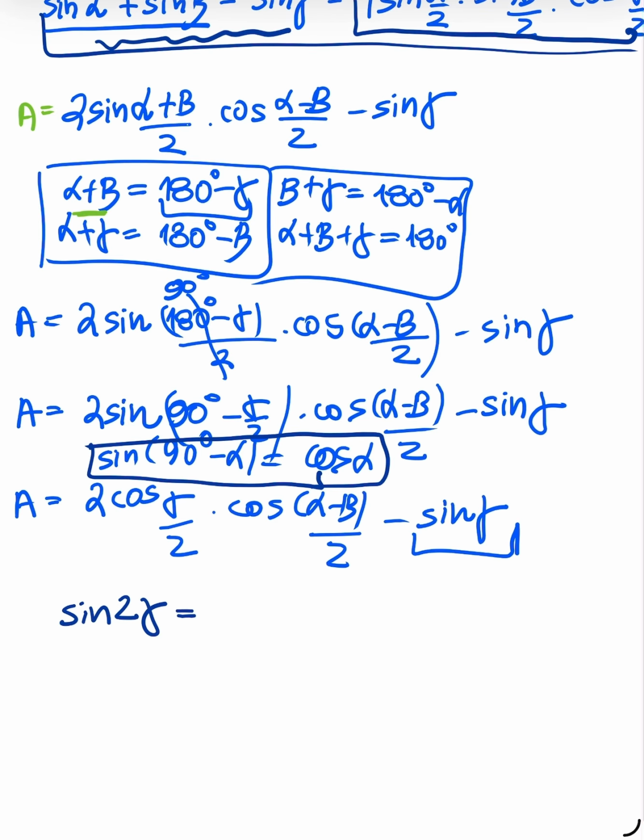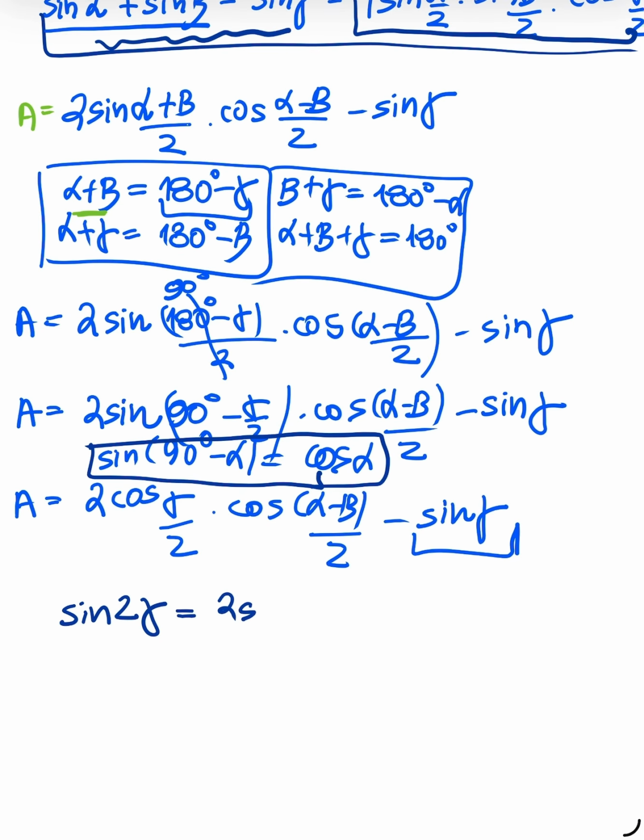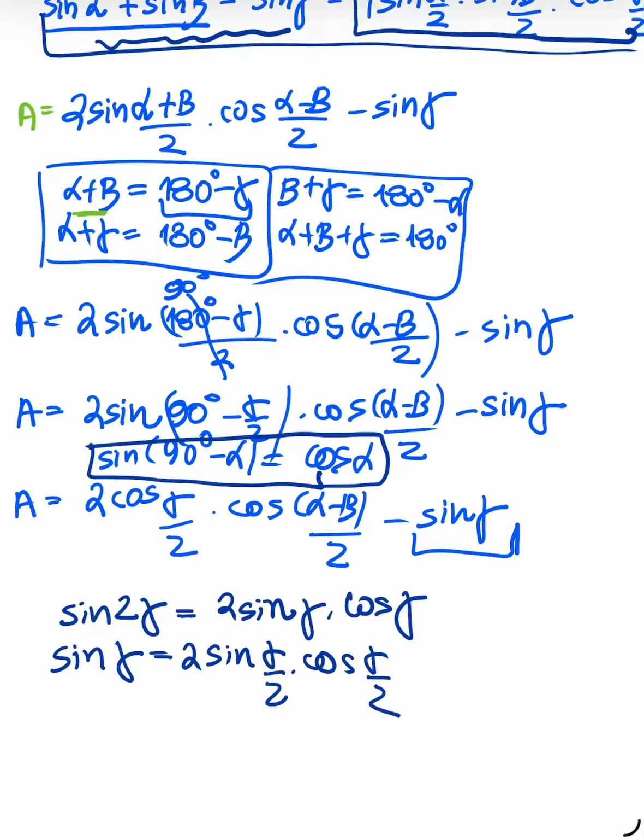Yes, it's 2 sine gamma times cosine gamma. This is the formula. So when we have sine only of gamma, we'll have 2 sine (gamma divided by 2) times cosine (gamma divided by 2), and we'll have this.